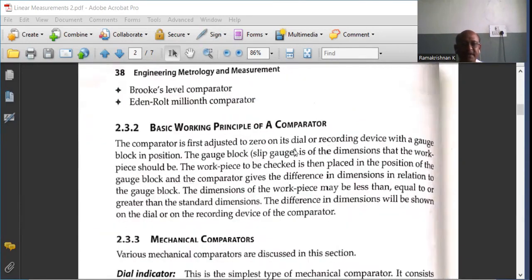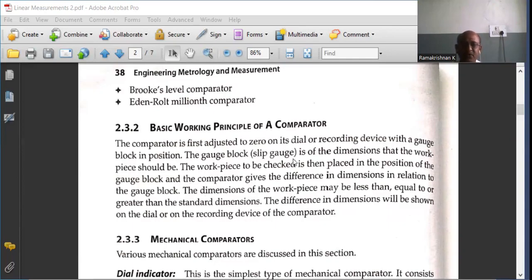Whatever the type of comparator, the principle is the same. First, the dial is adjusted to 0 with the gauge block in position. We know the measurement to be made, so the block gauges or slip gauges are set accordingly, and the comparator with its sensing device is made to touch the block gauge so that the dial is adjusted to 0.